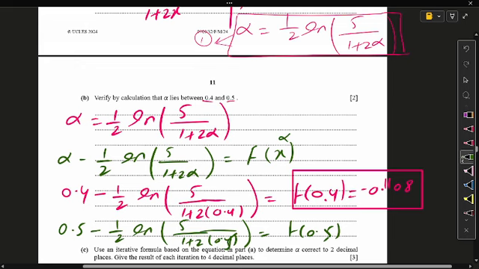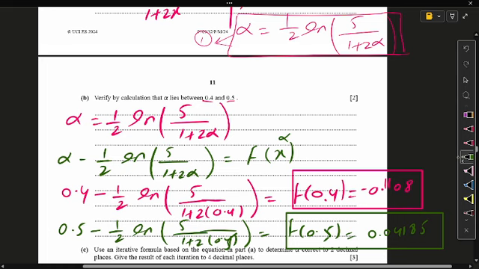Once you put the value of alpha as 0.5, let's do it on your calculator and see what the answer will be. Your answer for 0.5 will come as 0.5. That is the answer for alpha 0.5.